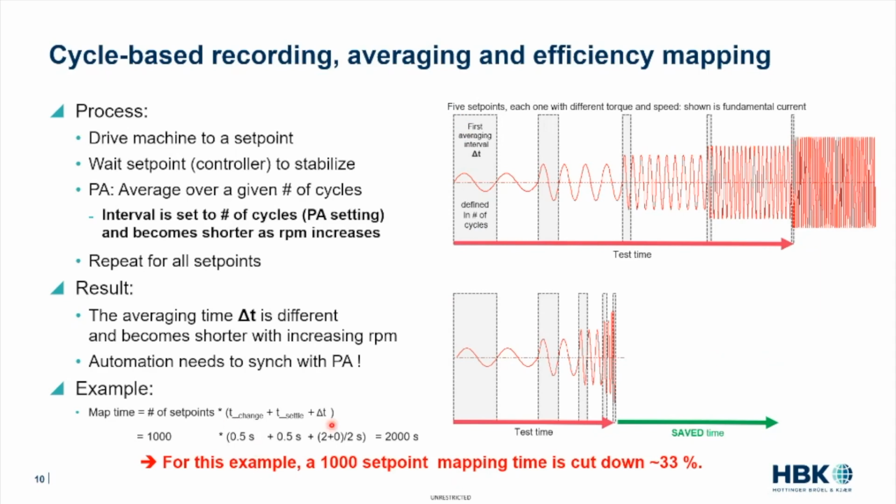Then you come up with a pretty simple formula: even if you have the same change time and the same settling time, you already save about 1/3 of your test time just by going from fixed time interval measuring to fixed number of cycle measurement. Pretty easy change and already saves 1/3 of your test time.